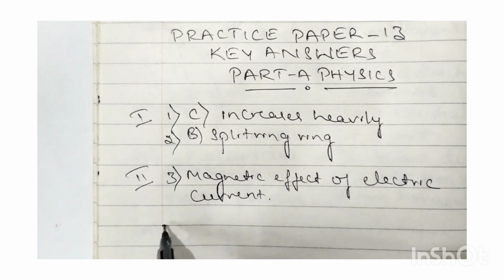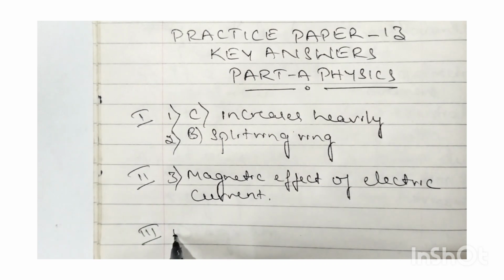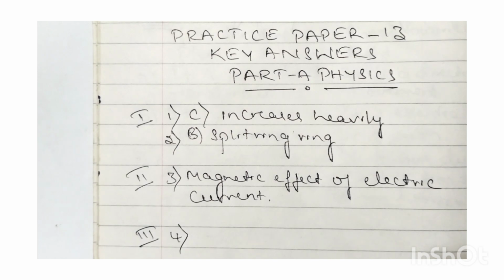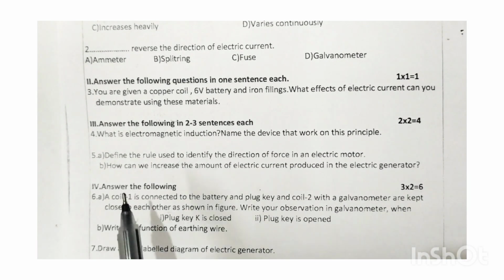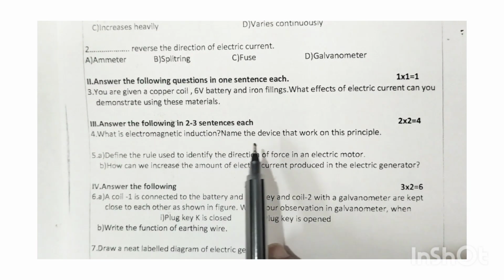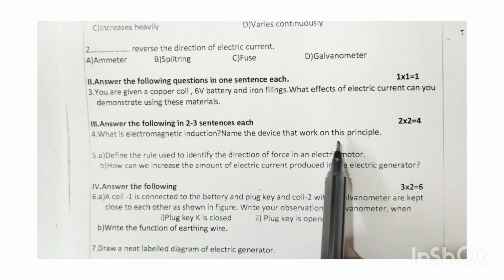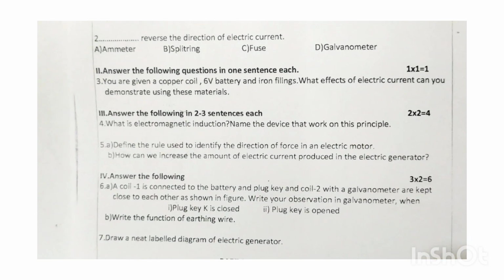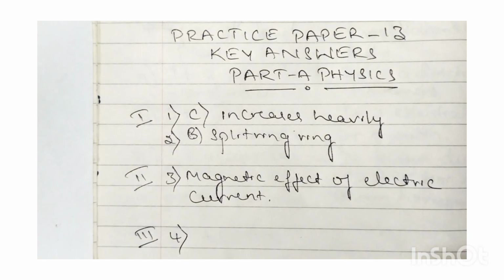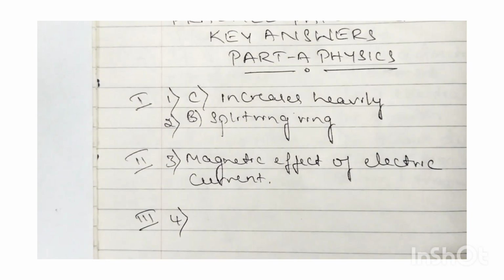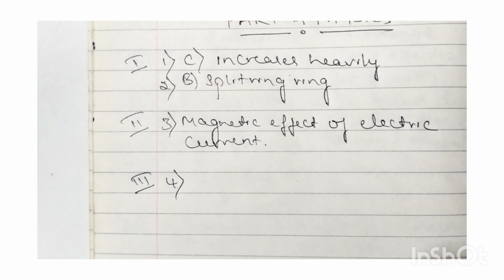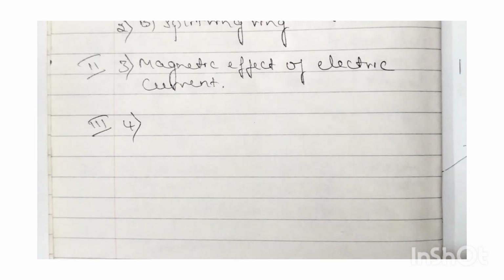So now let us move to the next mark, that is the fourth question. The fourth question is: what is electromagnetic induction? Name the device that works on this principle. So let us answer what is meant by electromagnetic induction.